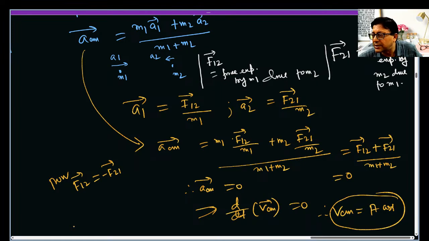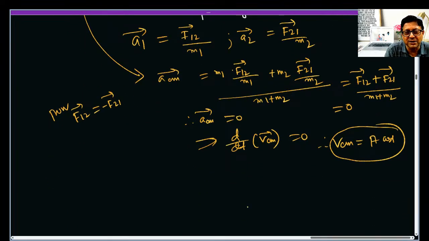How do you interpret this? Suppose initially it is at rest. What will happen to it? It will remain at rest forever. Even for a two body system, two masses are being dispersed in different directions, but velocity of center of mass remains the same. Can you give an example?